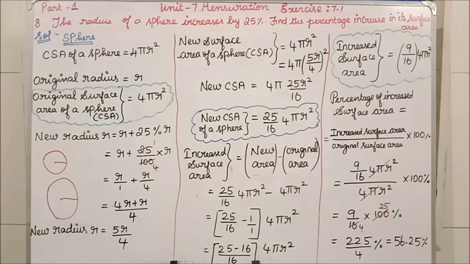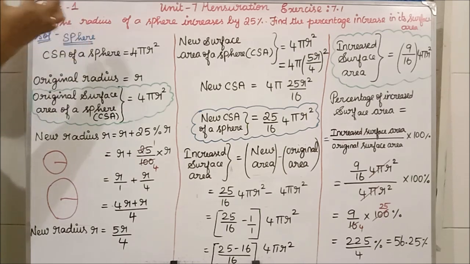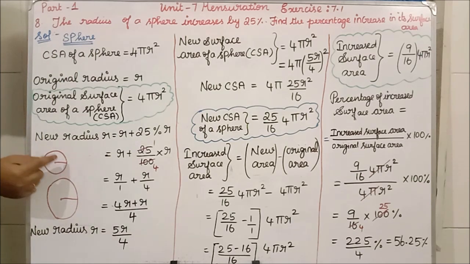Students, 8th question. The radius of a sphere increases by 25 percentage. Find the percentage increase in its surface area. This is an important question, so listen. In the question, the radius of a sphere is increased. Suppose when you draw a circle using 1 centimeter radius, your circle will be small.